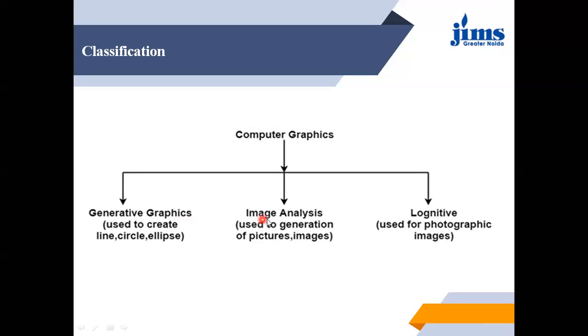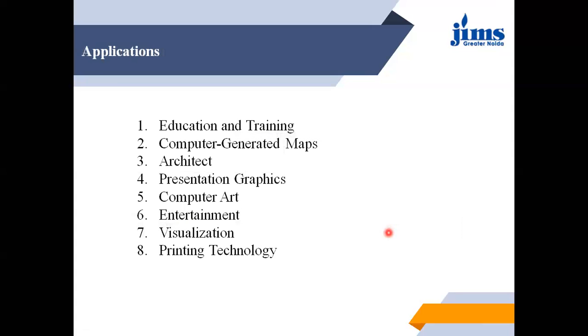Then image analysis, used to generate pictures or images, and this is used for photographic images. When we have to perform some operations on photographic images, then an algorithm is used.